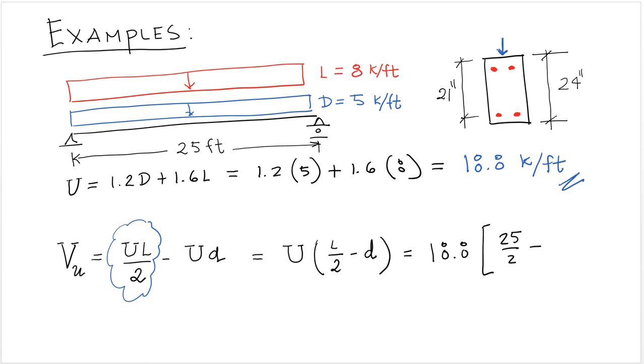And let's say this is a beam with the following cross section, as shown right here, top right. Depth of 24 and a d of say 21 inches. So that would be 21 divided by 12 to take it to feet.